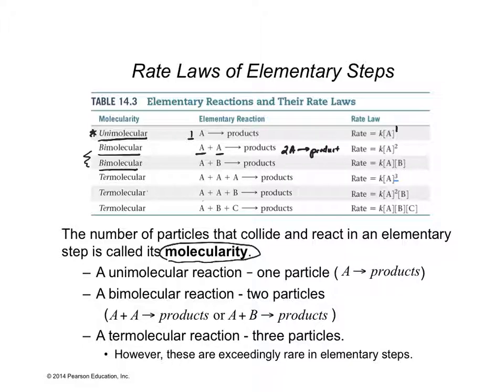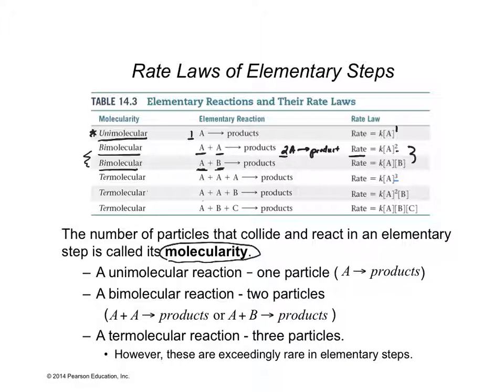We still have to have two things colliding, or this could be an A colliding with something else going to make products, okay? There are two separate rate laws for this. The rate law for this guy, since this relies on two A's finding each other, is second order, okay? So if there's a 2 in front of an elementary step, it's going to be second order with respect to that reaction. On the other hand, if we have just 1 and 1, then it's going to be first order with respect to both of the reactants, okay?